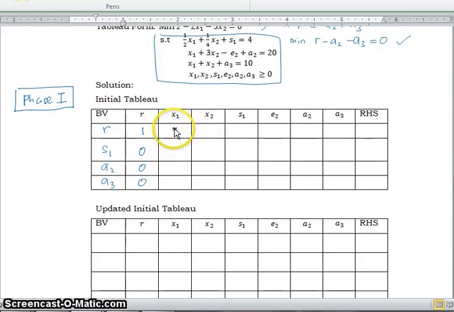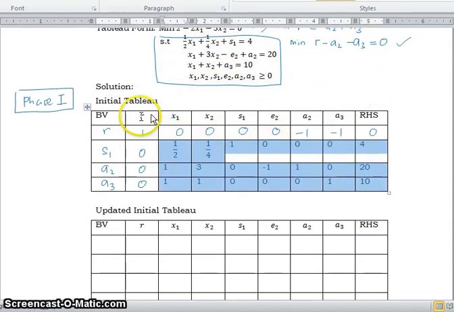X1 is 0 in row 0, the same as X2, S1 and E2. We only have A2 and A3 in row 0. The coefficient for A2 is -1 and -1 is the coefficient for A3. The right-hand side is 0. Then we write all the coefficients of these variables in every row.